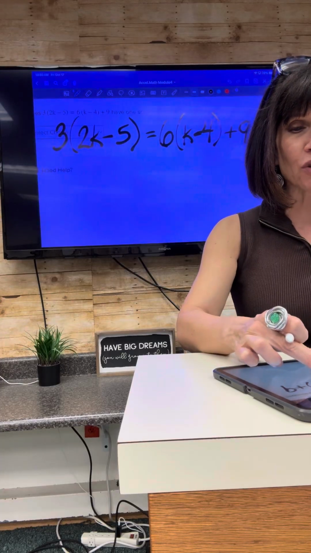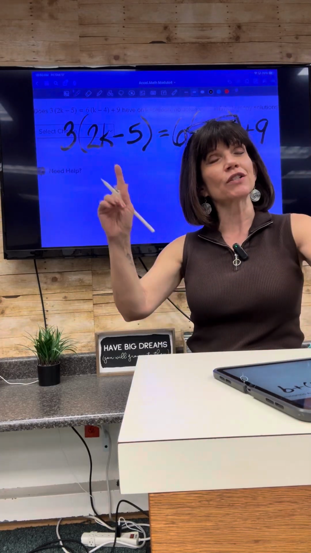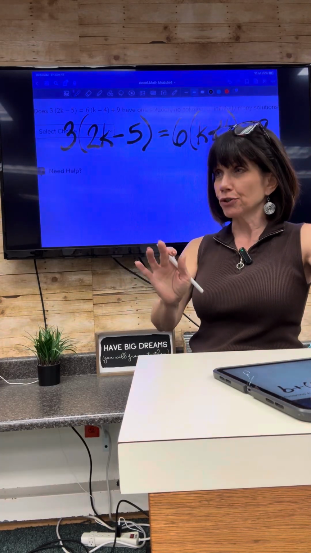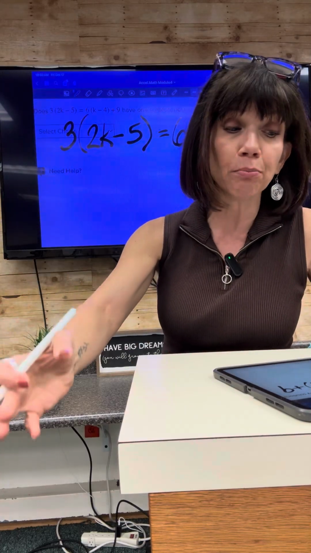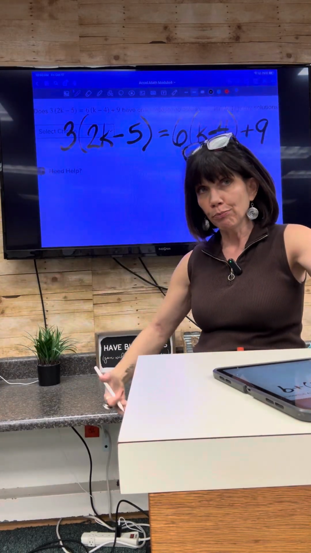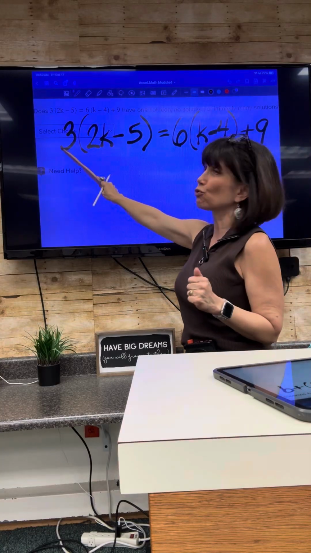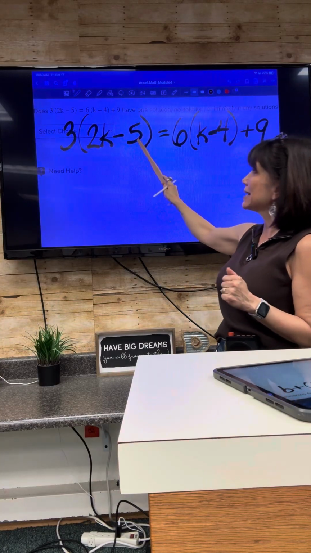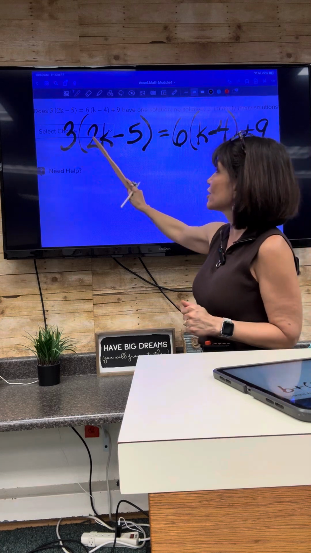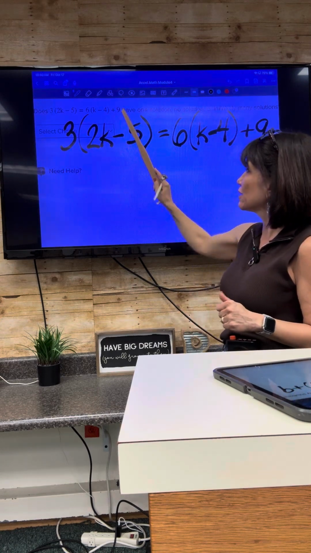All right, now at first glance, we really don't know if this is one solution, a solution, or infinitely many solutions. So we're going to begin by removing the what? Parentheses. Remember, this is distributive property, so it means 3 sets of each piece inside the parentheses. 3 sets of 2k, 3 sets of negative 5.